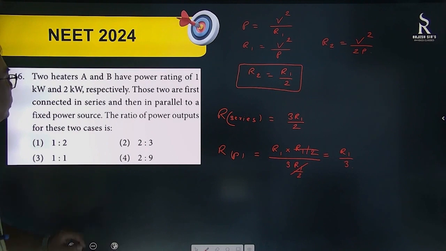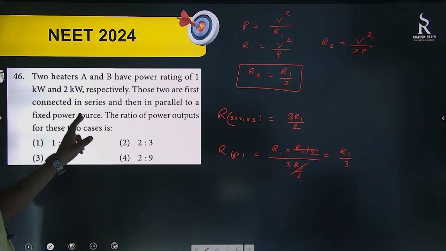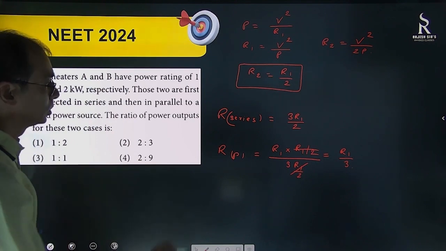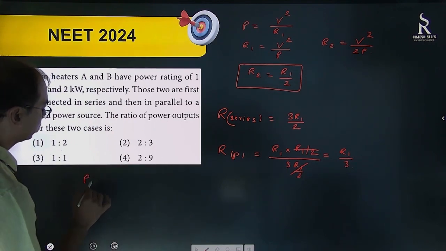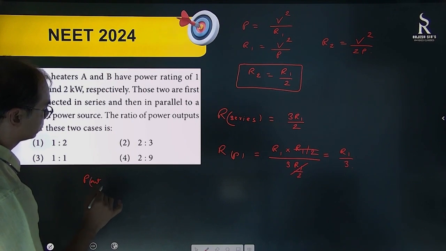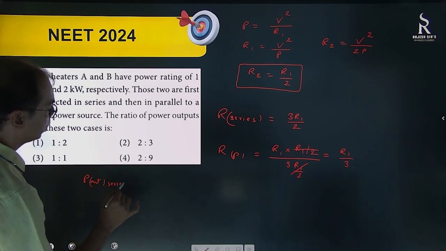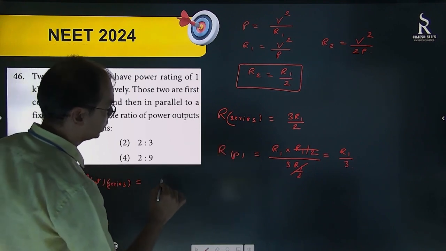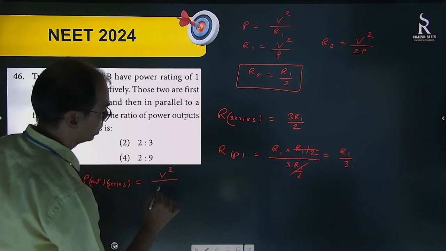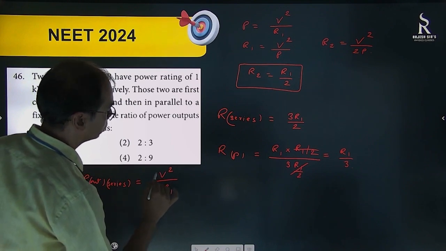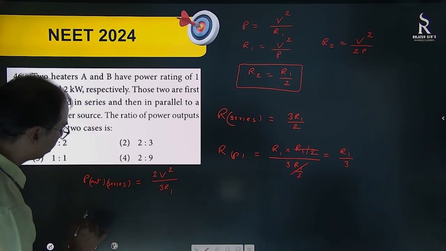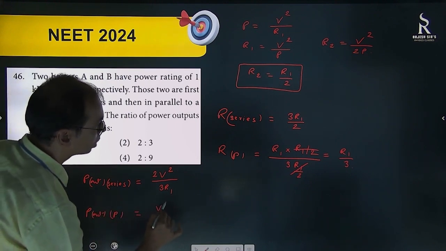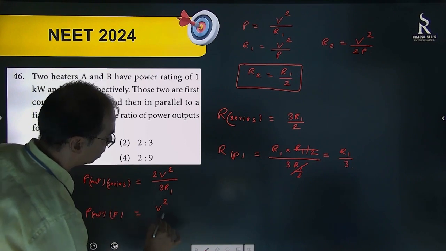Now what? The ratio of power output for these two cases. In series first, the power output in series is V square by 3R1 by 2. Then P out in parallel is again V square by R1 by 3.